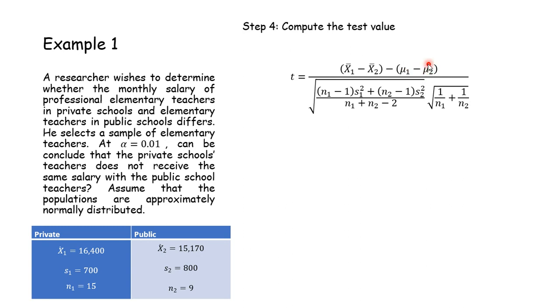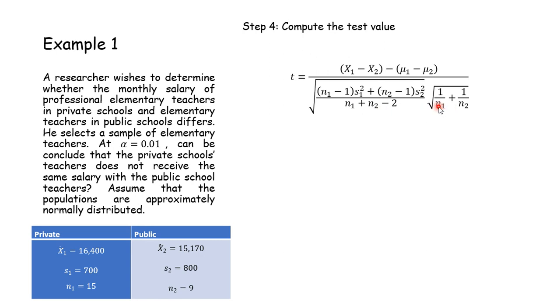Again, kung wala pong given sa example or sa word problem na population mean, automatic the value will be 0. Divided by the first square root: sample size minus 1, multiplied by the sample variance since naka-squared po ito, plus n sub 2, the second sample size minus 1, and then the sample variance for the second group, divided by the degrees of freedom.